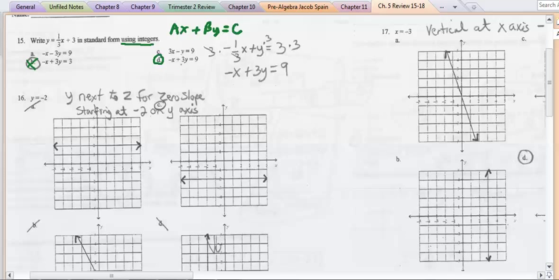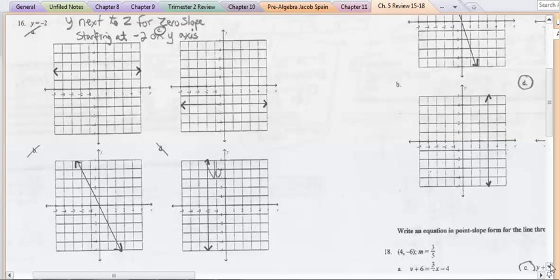Okay, the next one, going down, number 16. So y is equal to negative 2. Y is next to z for a 0 slope. Find your negative 2, which is right here, and it's 0 slope, making a straight across line.